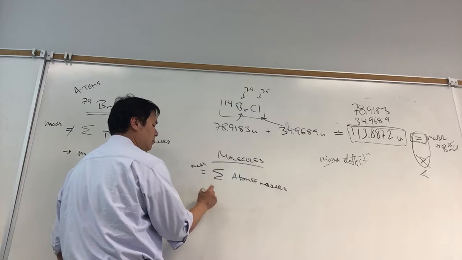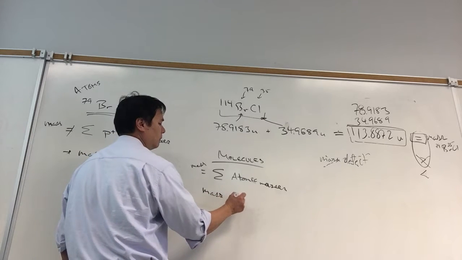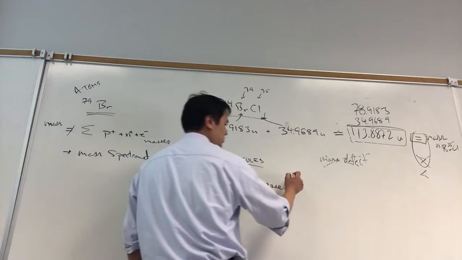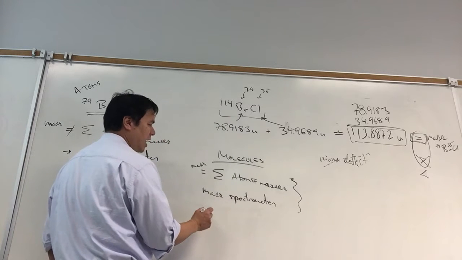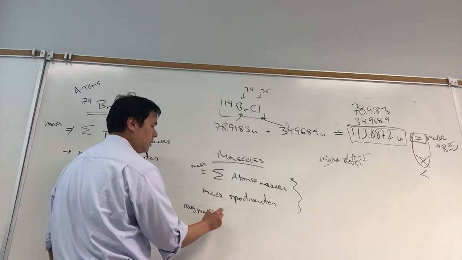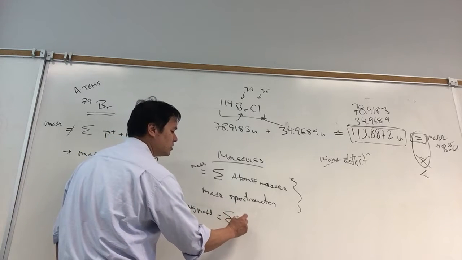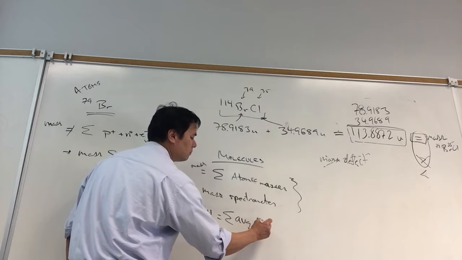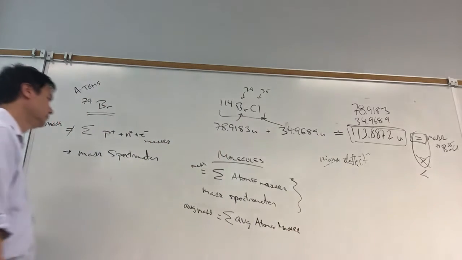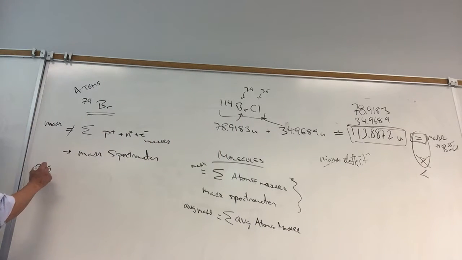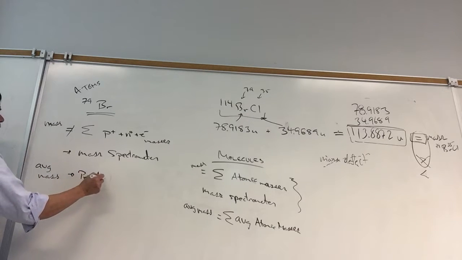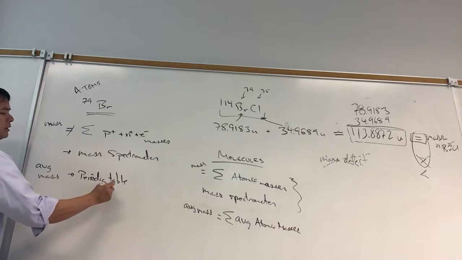We could use a mass spectrometer for individual specific molecules, or we could just use the average. The average mass of a molecule is equal to the sum of the average atomic masses. The average mass is very easy because we just read it off the periodic table or calculate it.